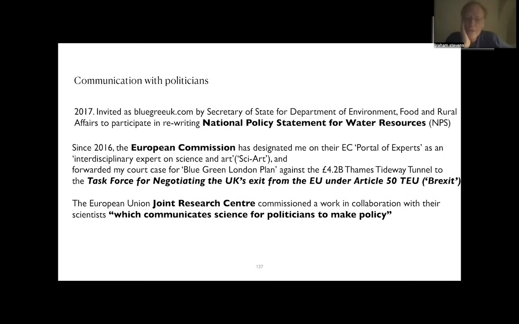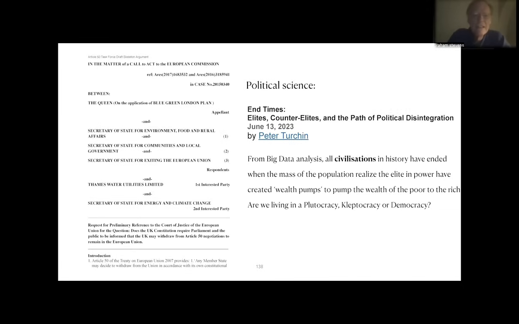So they forwarded it to Monsieur Barnier, not to the UK committee. This is the call to act I made to the European Commission for them to act against Brexit.